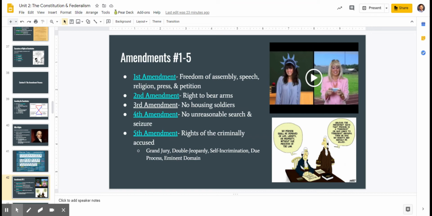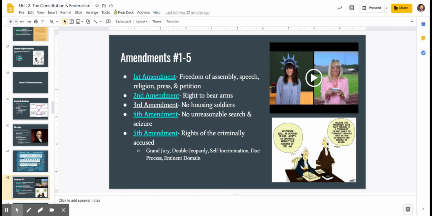This is actually more specific to both the act of performing or the ritual of your religion, and also that the government does not establish a national religion or prevent religions from operating. We also see the freedom of the press, right? As in media, journalists, things like that, right? From their ability to operate, and the freedom to petition or ask the government to hear changes.